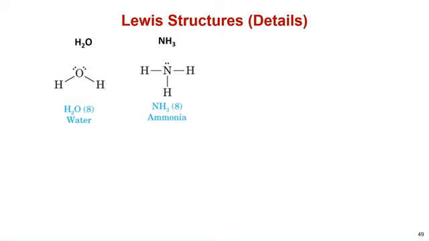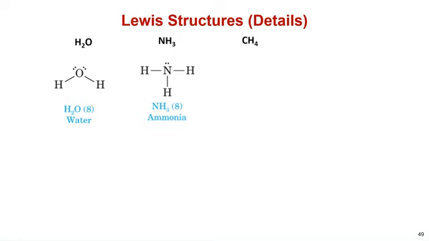Ammonia also has 8 valence electrons coming from nitrogen and hydrogen. Then you have 4 electron pairs, a total of 8 electrons divided by 2. Since we write bonds as a line, which is a pair, normally we go ahead and count the pairs.